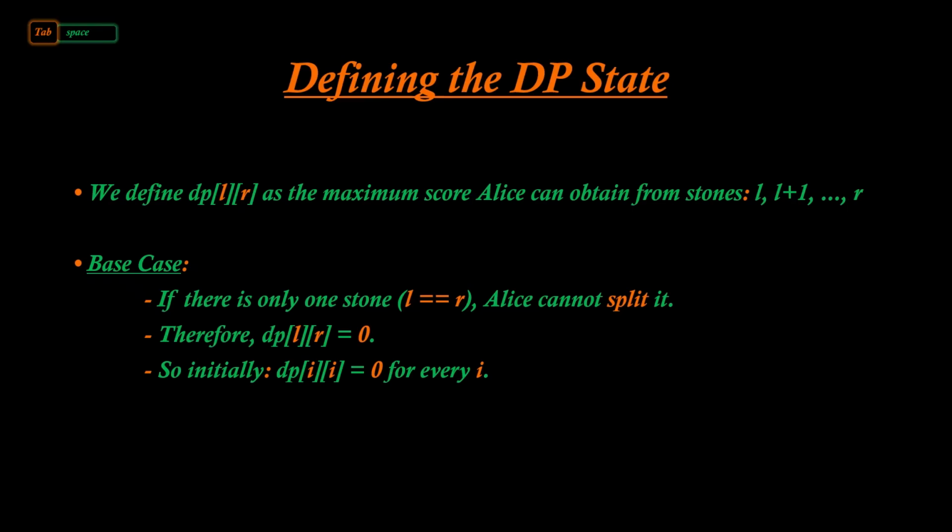Now consider the smallest possible interval. If L equals R, there is only one stone. Alice cannot divide one stone into two non-empty rows. Therefore, no more score can be earned. So our base case is dp[i][i] = 0. This is also why our DP table can initially be filled with zeros.